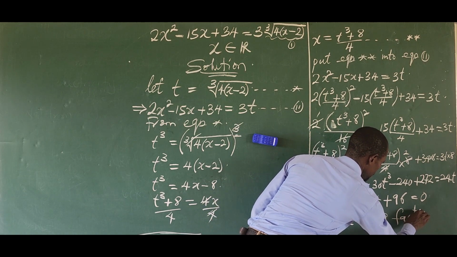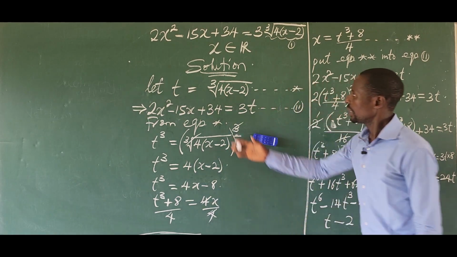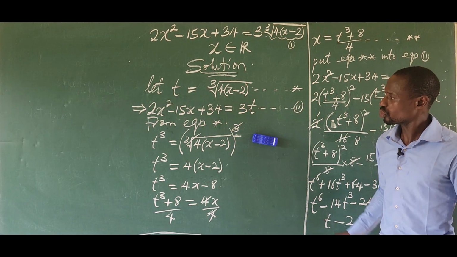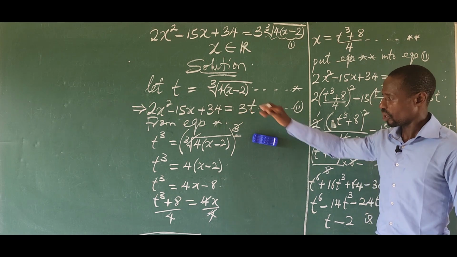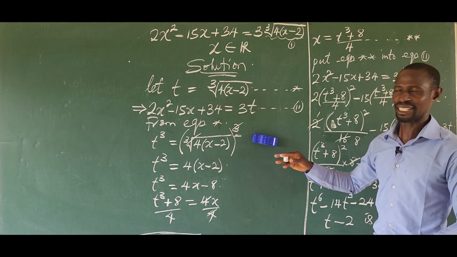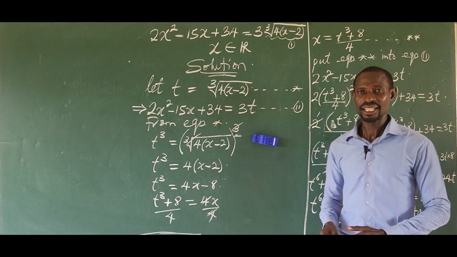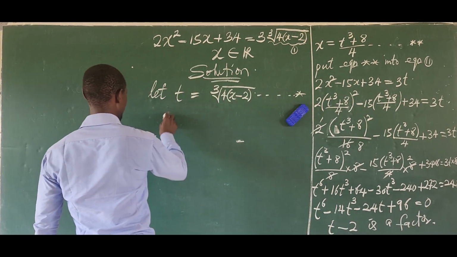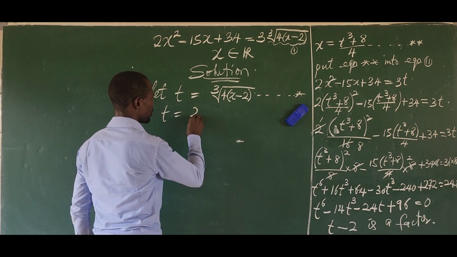So for us to get our x, we have to go to where we did a simple substitution here. All right, so let's wipe off this side and continue on this side to get the actual value of x to this challenge. So from here, we're going to have our t be equal to 2.